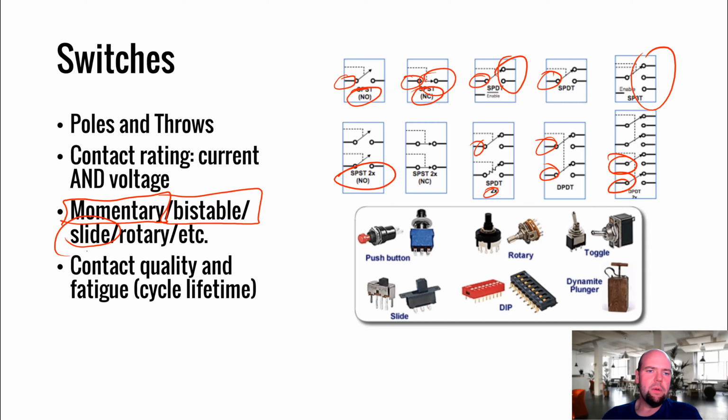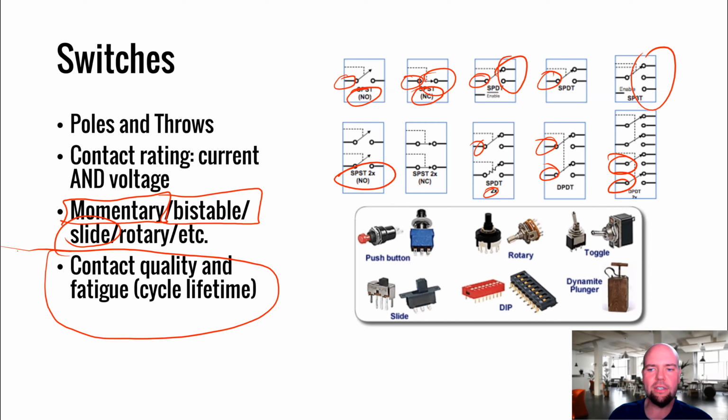One of the biggest things that we often don't think about and neglect is switching contact. So internal to a switch, you have locations where metal touches other metal. And one thing to note is anytime you have metal touching another metal, you have a lot of important things going on. One of the biggest things that people often don't think about is when a switch switches, current doesn't flow when the two pieces of metal touch each other.